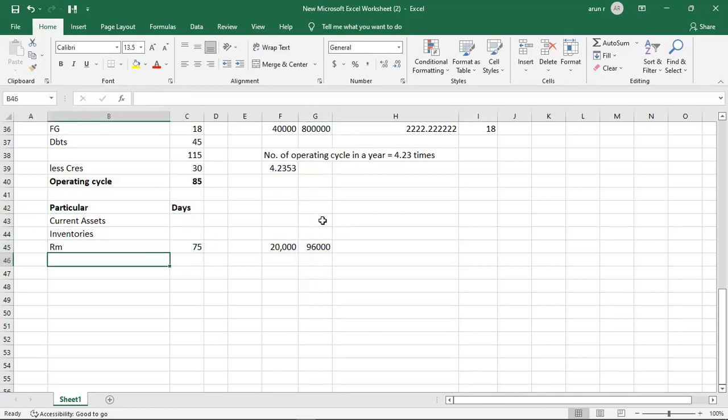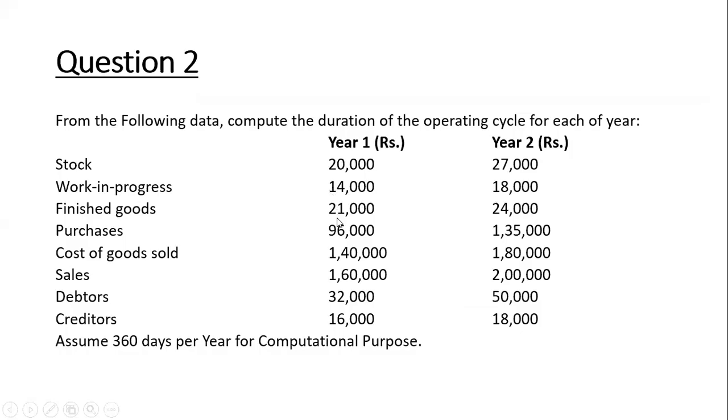Then second, for the first year, work in progress: 14,000. It is taken against cost of goods sold.